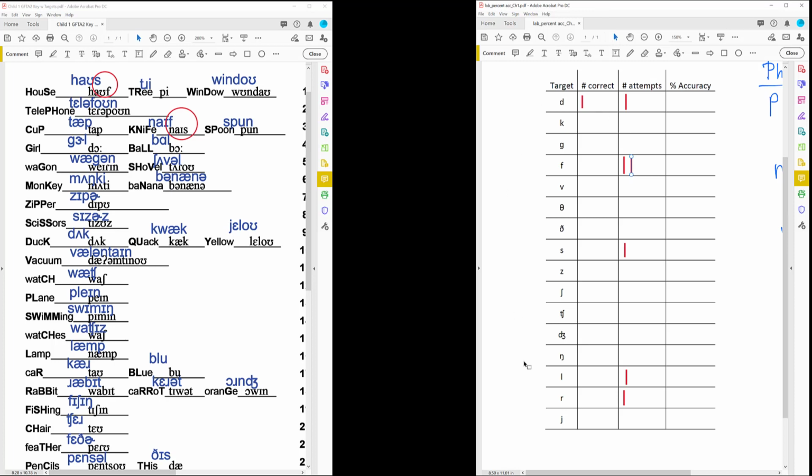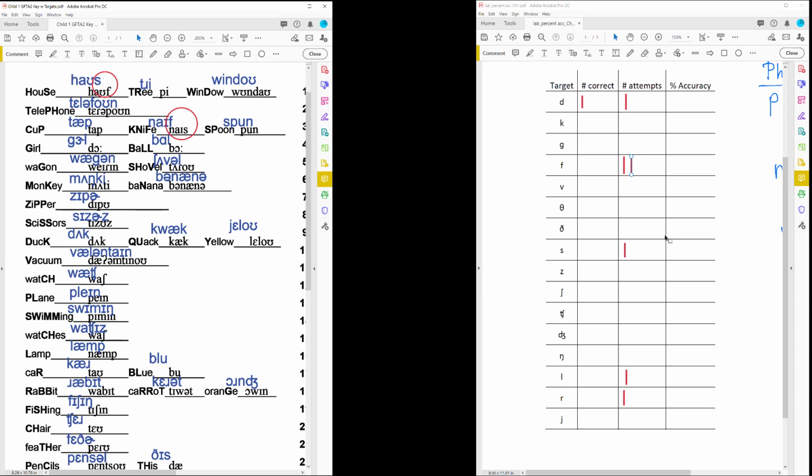In a relational accuracy analysis, we do care whether the actual production matches the target. That's why this child's performance in this relational accuracy measure is lower in some ways than it would be in an independent measure that gave the child credit for these S and F productions regardless of the target. Although the child does use F and S, so far they're at 0% accuracy because they're not used in the right place.